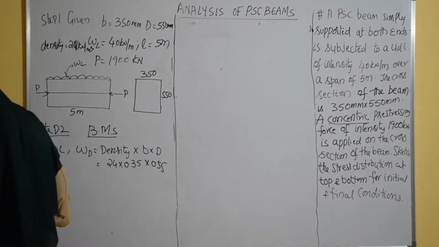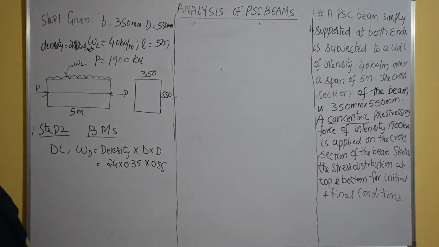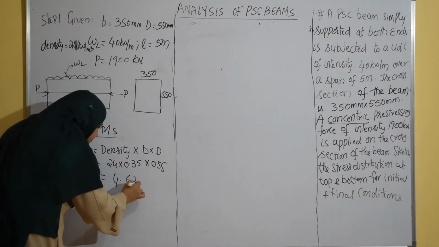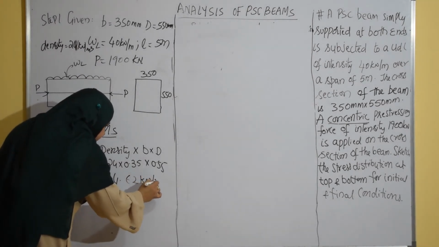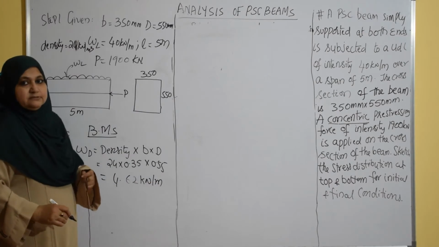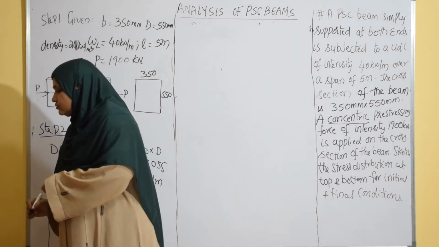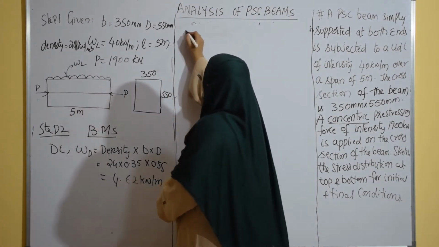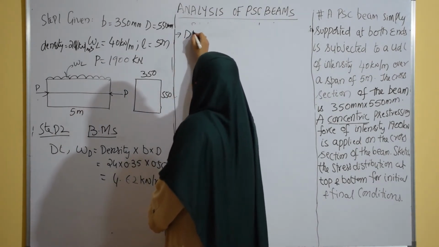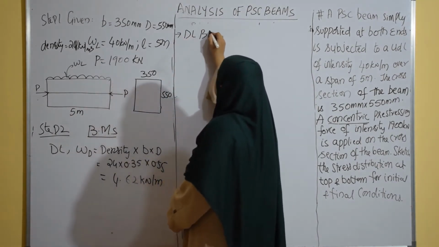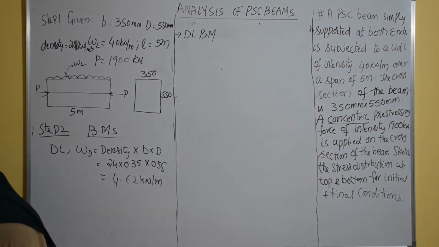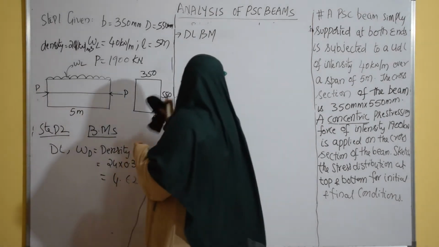You will get dead load as 4.62 kilonewton per meter. Immediately you find out the dead load bending moment. You can write it in full form.